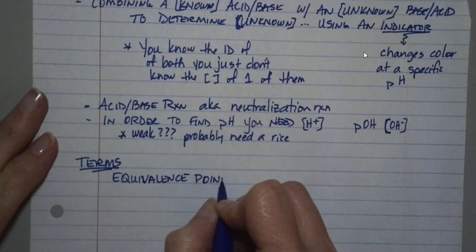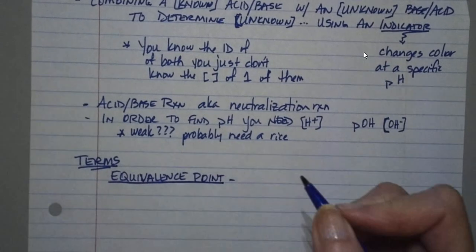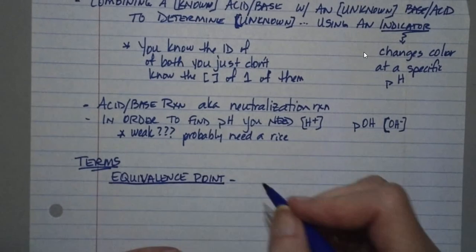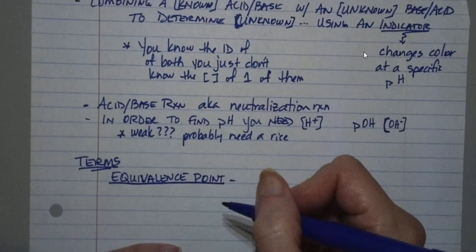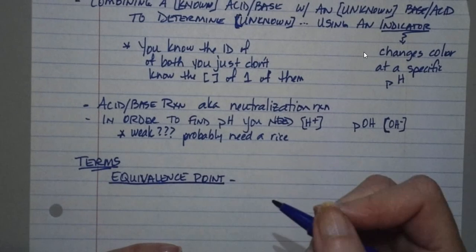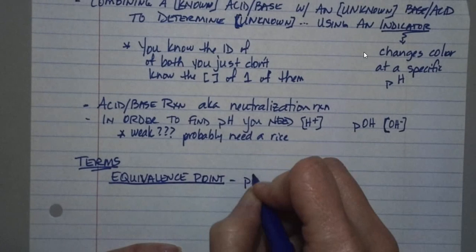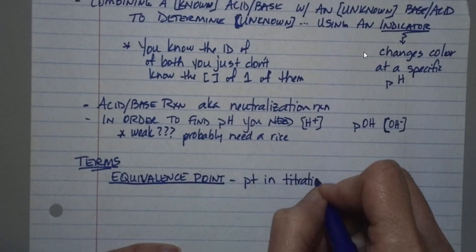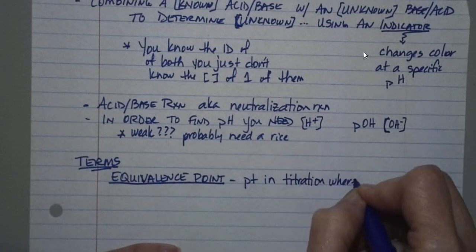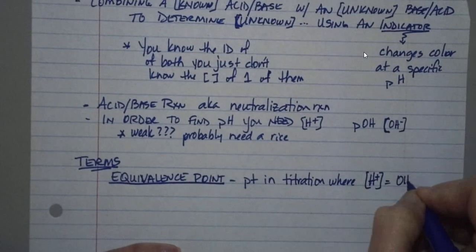Okay, the equivalence point is the point in the titration where, since we're focused on acid-base titration, the hydroxide ion concentration equals the hydrogen ion concentration. Okay, that's the equivalence point.